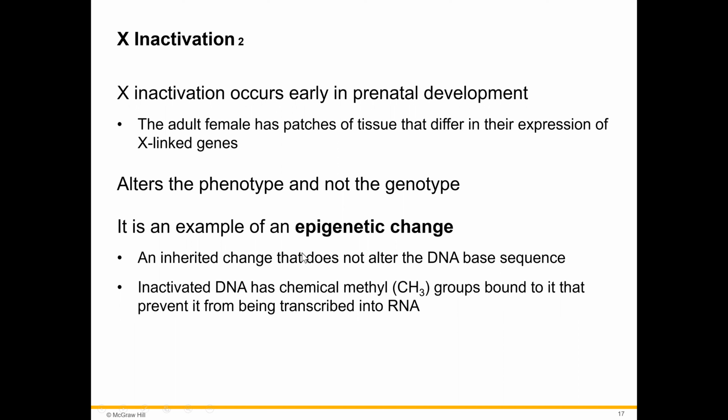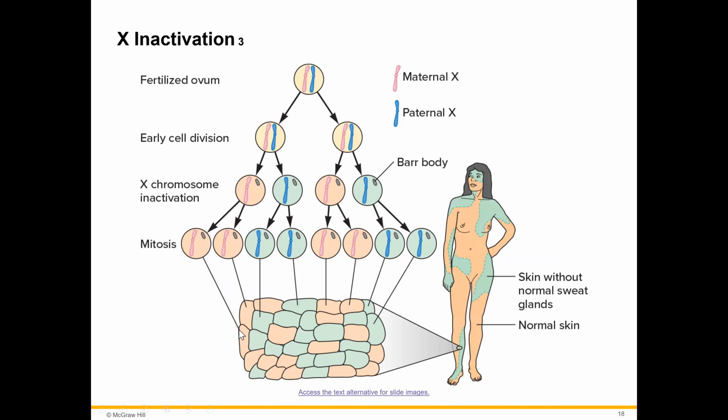So when we inactivate an X chromosome, we do not change the sequence of nucleotides. We just shut off one X chromosome. That's why it's an epigenetic change. Inactivated DNA has chemical methyl groups bound to it that prevent it from being transcribed into RNA.